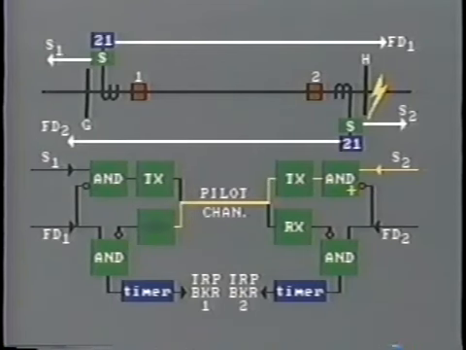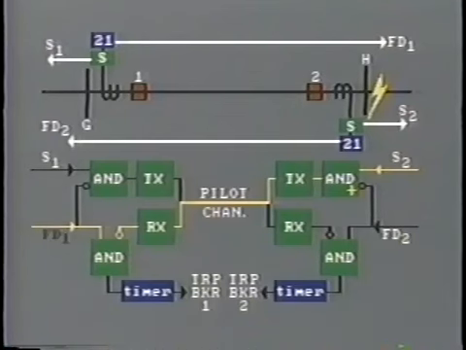This is received at the other end, station G, and the signal is passed into the permissive tripping circuit and mixed with the signal from fault detector 1, which, as you remember, is trying to trip breaker 1. The positive input signal from the receiver becomes a 0 signal.